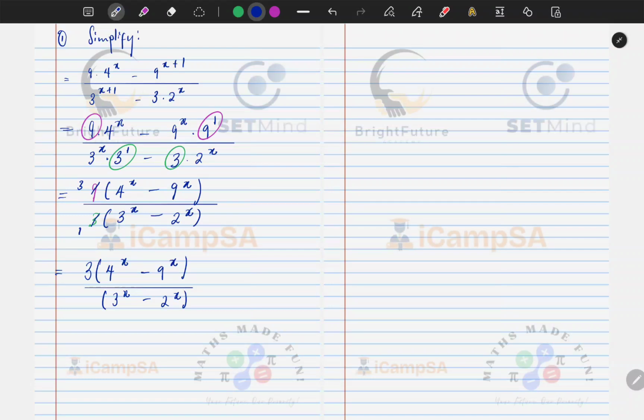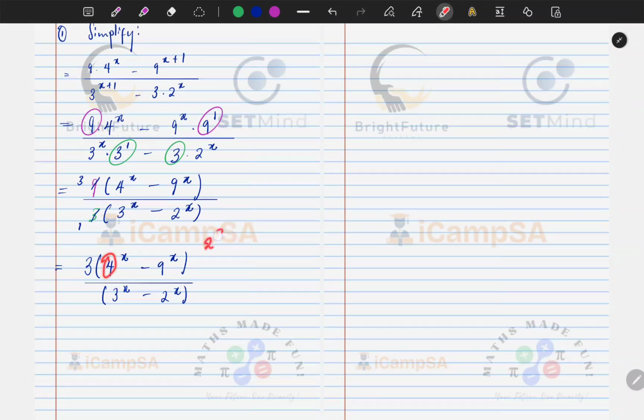Now, it's not clear how I can proceed further, so I'm going to try and simplify these. I can write 4 as 2 to the power of 2, and I can also write 9 as 3 to the power of 2.